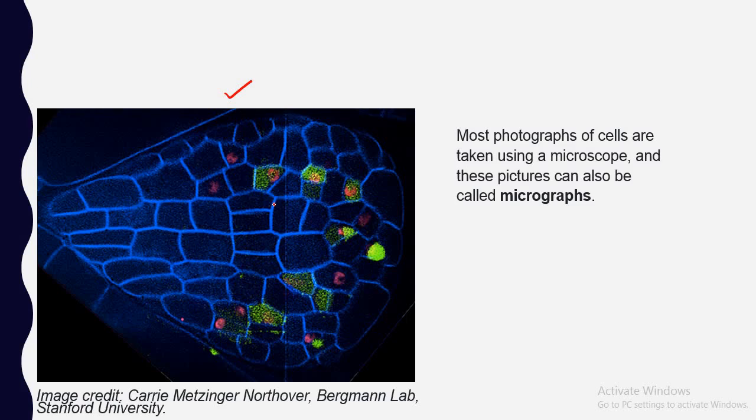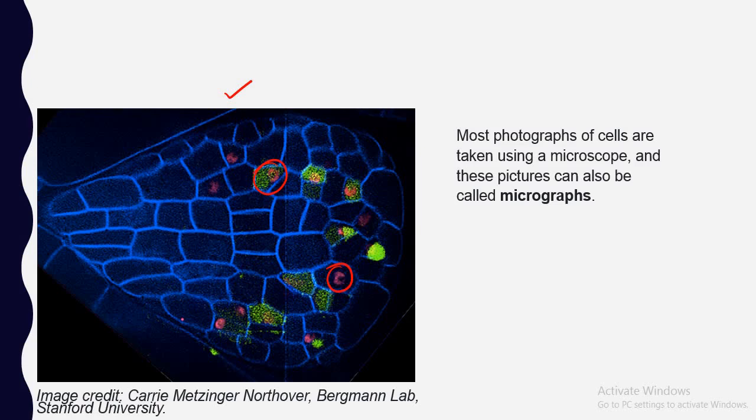So this picture is of the mustard plant, wherein different markers have been used to show the stomata present inside the mustard flowering plant. This is a beautiful image and one of my favorite images which has been taken using a microscope.